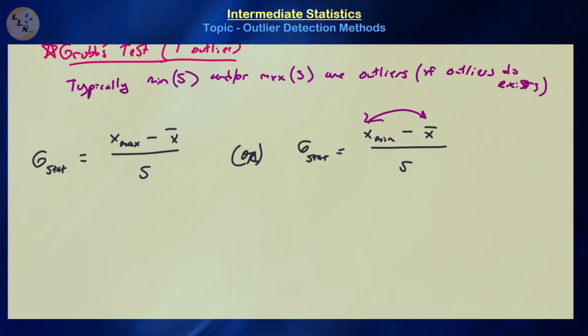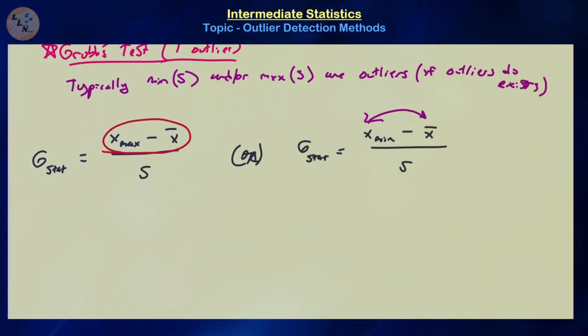Now this structure should look relatively familiar, because technically this looks like a t-test statistic. It has that same exact structure. So what are we actually hoping for? If the maximum and/or minimum is truly an outlier, then this distance, some people call it the gap, should be significantly large. So what are we looking for?